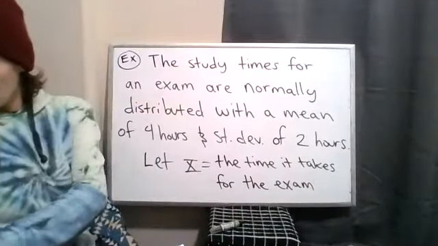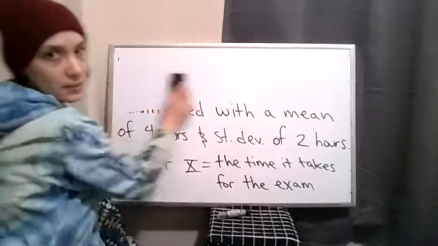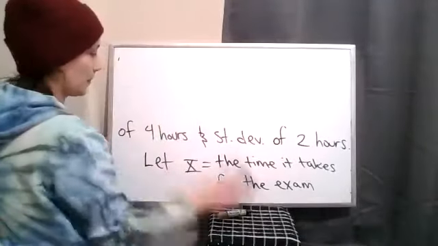Then the probability that the time it takes to study for the test is more than 5 hours equals 0.3085. But we're going to use math symbols to save some time.